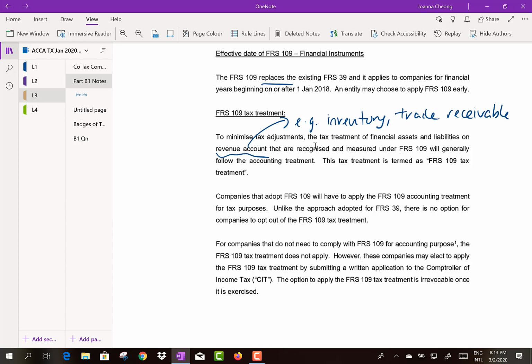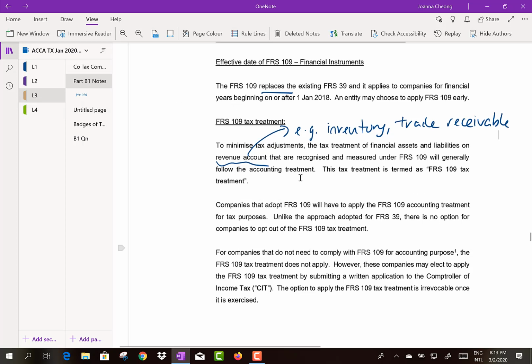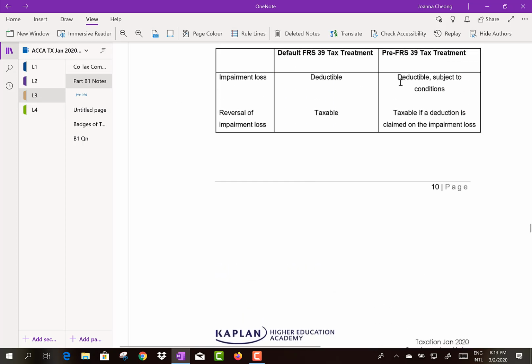You don't need to do impairment on trade payable. Correct or not? You know what I mean. Okay. So if it's an impairment loss on a revenue account, it will be deductible. So you can see the table before that. If it's a reversal, it will be taxable, provided the test is done on revenue accounts.